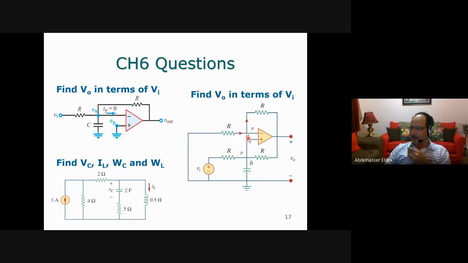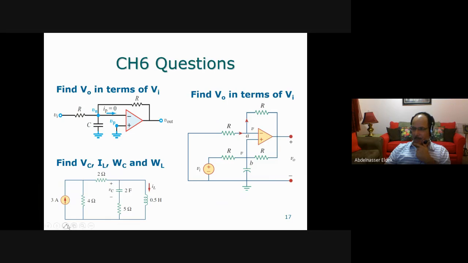This is A and this is B, so VA and VB are the same. If you look at A first, this one is VA minus 0, which is ground, over R, and this is VA minus V out over R equals 0.